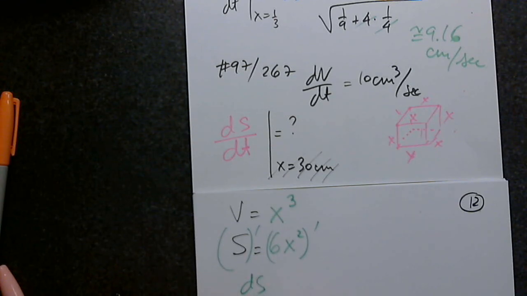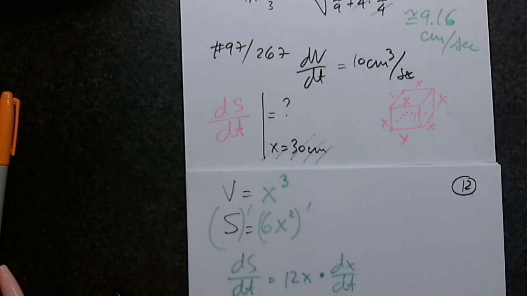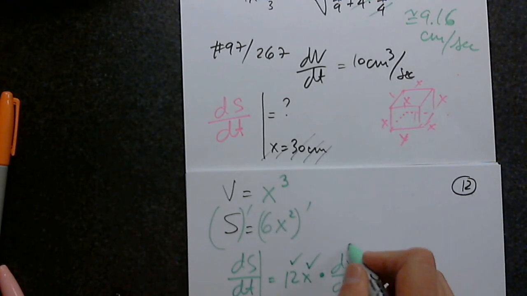I do get ds over dt equals 12x times dx over dt. So there is not going to be a problem to plug in 30 here. This is a number, but this I don't have.